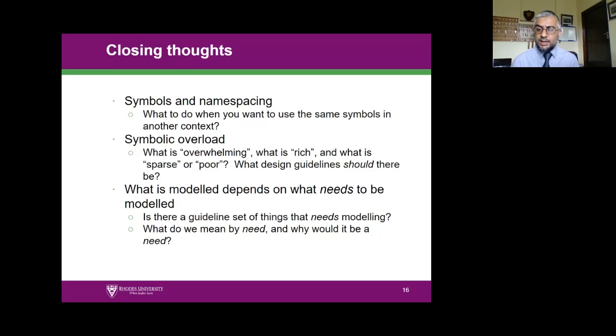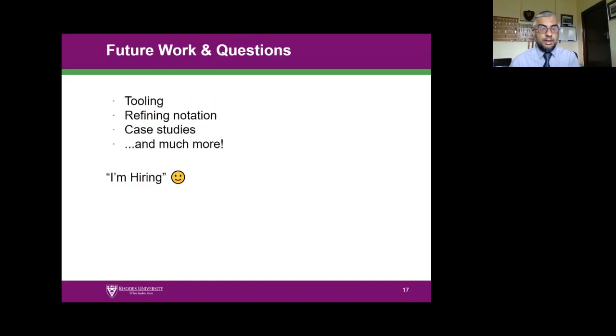But is there a guideline set of things that needs modeling for every system? And what do we mean by need? And if we say it is a need, why would it be a need? What defines that need? Now, I plan on answering some of these questions, or if I can, maybe even all of them. So stay tuned.